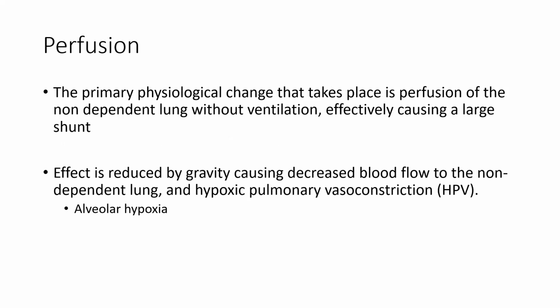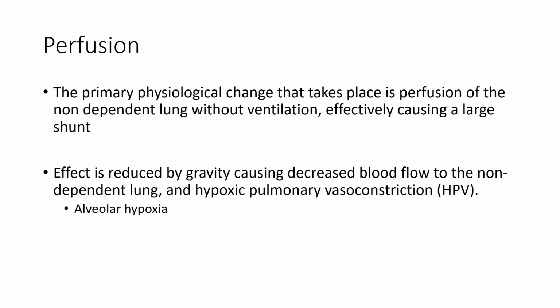So we talk about perfusion. The primary physiological change that takes place is the perfusion of the non-dependent lung without ventilation, because now we are on one lung, ventilating the dependent lung, and the non-dependent lung lumen will be clamped, so there will be no ventilation to the non-dependent lung, effectively causing a large shunt.